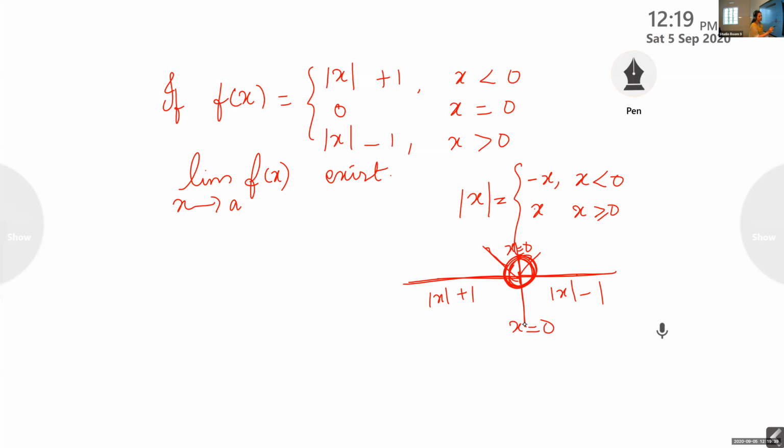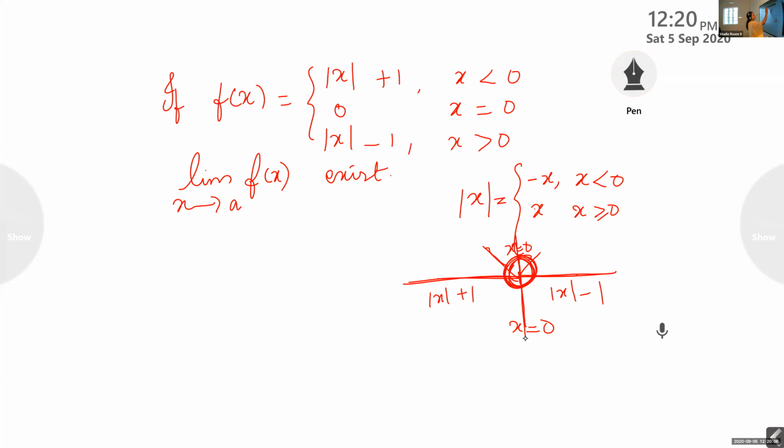We are selecting x equal to 0 because for x less than 0 we are taking one function, and when x is greater than 0, some other function. So based on whether x is less than 0 or greater than 0, we are selecting the function. So at x equal to 0, we have to check whether the limit is there or not.